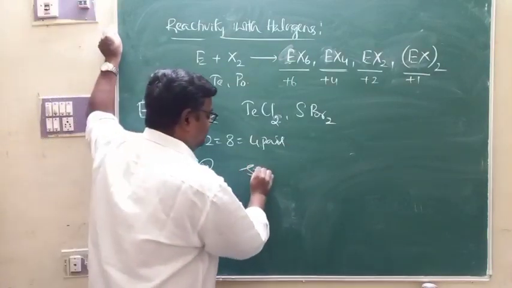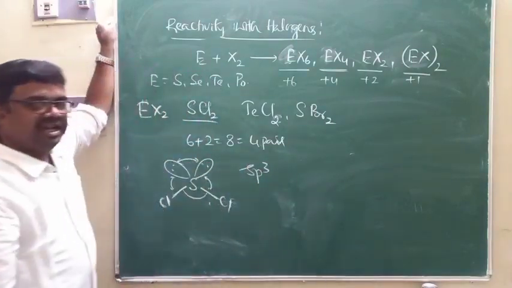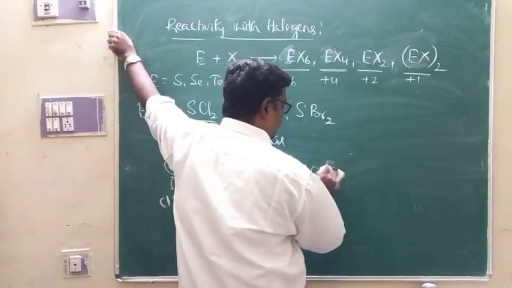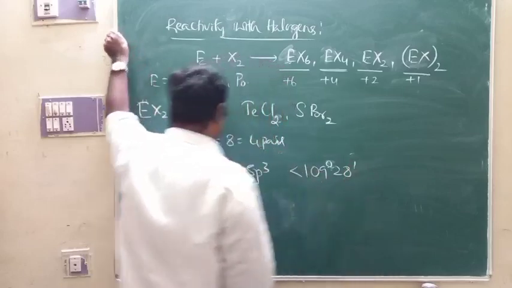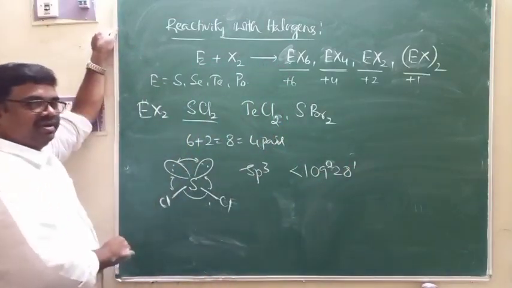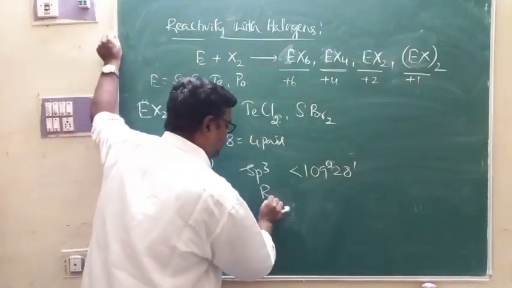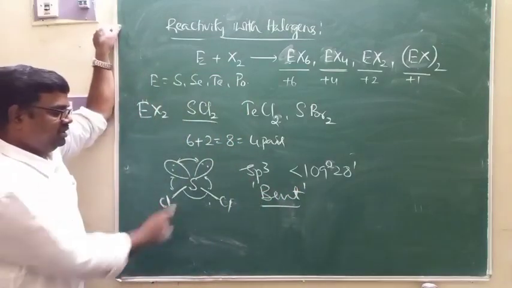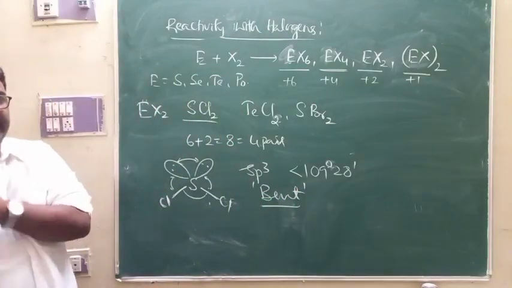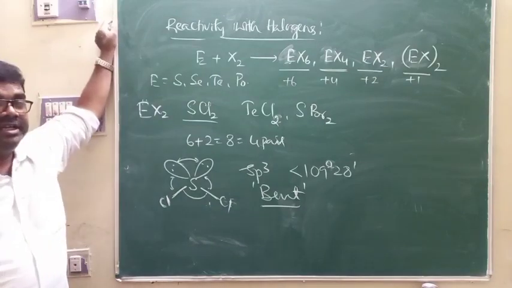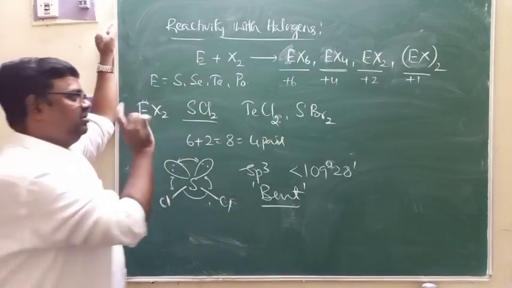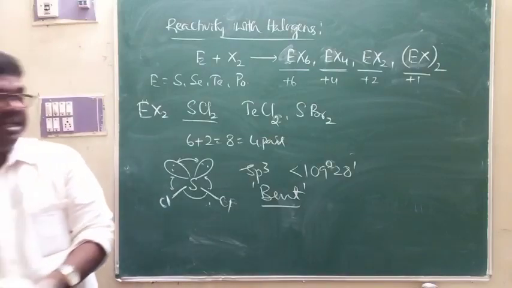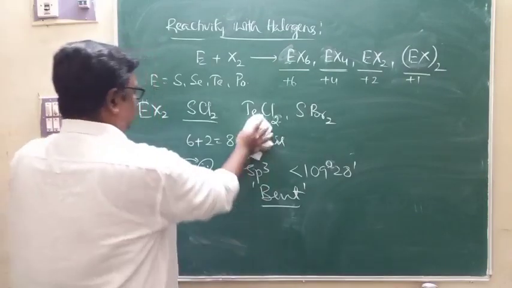Even though the molecule undergoes sp3 hybridization, that bond angle is less than 109 degree, due to the lone pair repulsions. Therefore, its shape is bent shape. Just like in the case of H2E, ಅದೇ ತರ ಈ ಡೈಹಲೈಡ್ಸ್ ಅಲ್ಲಿ ಕೂಡ ಬೆಂಡ್ ಶೇಪ್ ಬರುತ್ತೆ. This is what we call it as dihalides, where the central atom is sp3 hybridized with the bent shape.